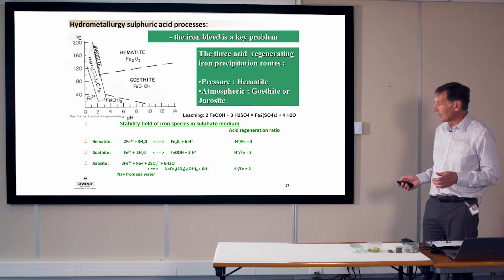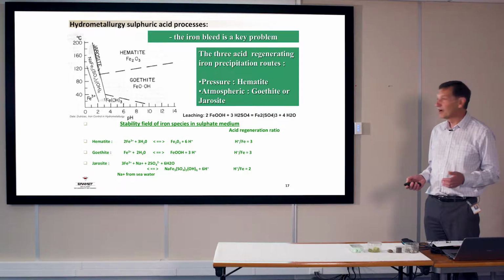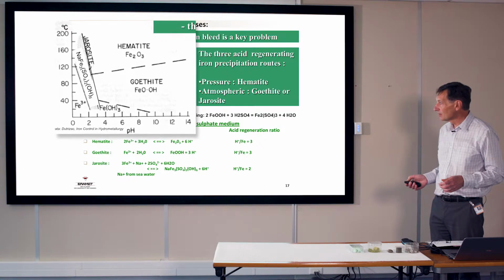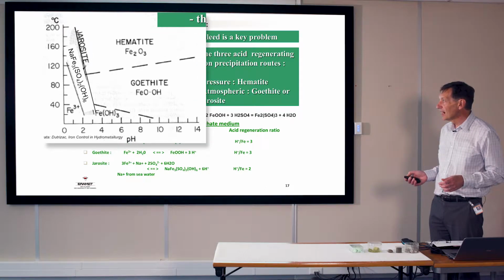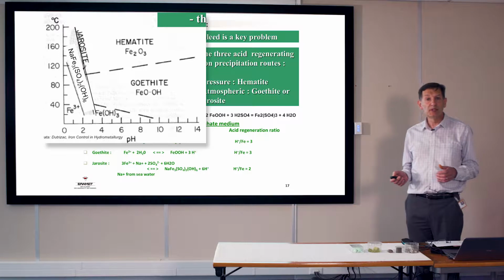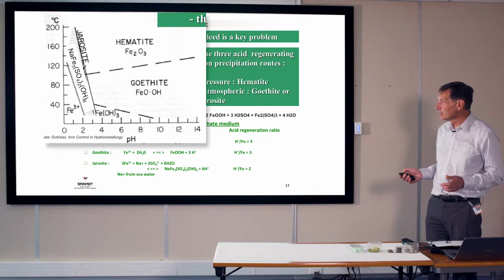After that, depending on the operating parameters, if you stay at rather low pH, high acidity, and if you have some sodium in the solution, sodium coming from seawater, you precipitate iron as jarosite.